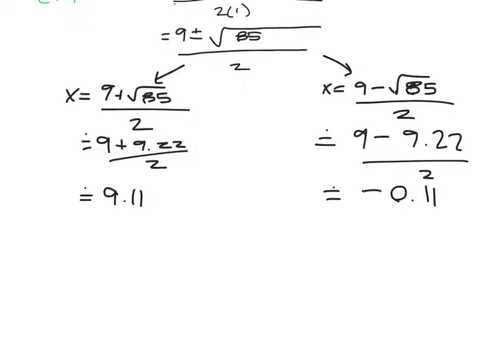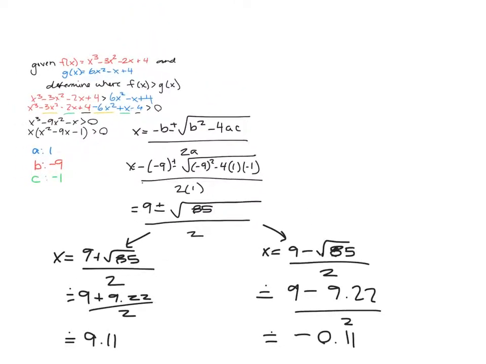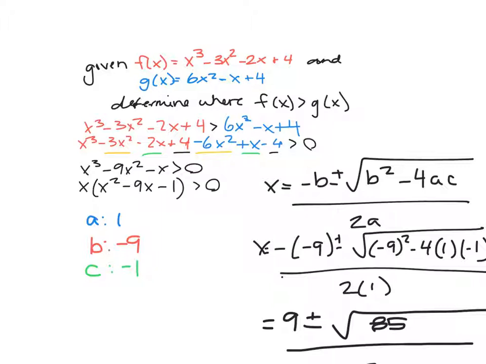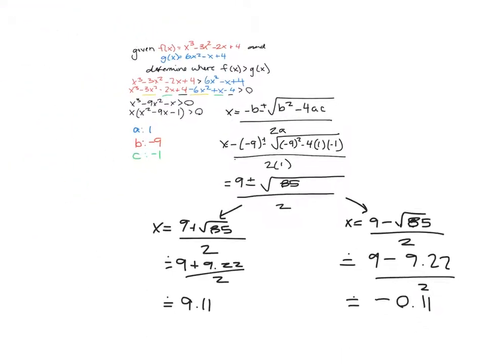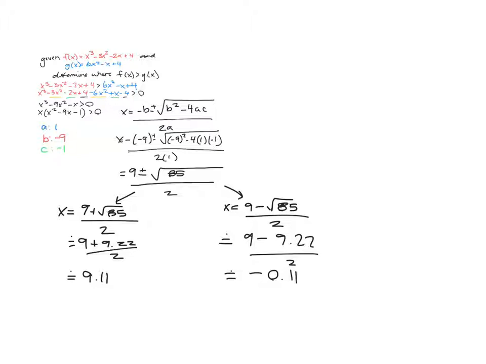So one thing that we should always keep in mind, right back up where our original equation is, you can notice that we have an x here. We solved for this part of the equation, but we also have a third boundary point here. X is equal to 0. So we can restate our boundary points.